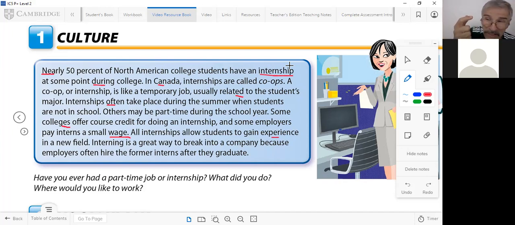And those companies probably do not pay interns anything because they are students. Or if they pay just a little money, not so much. The wage is not a small wage, it's almost nothing.